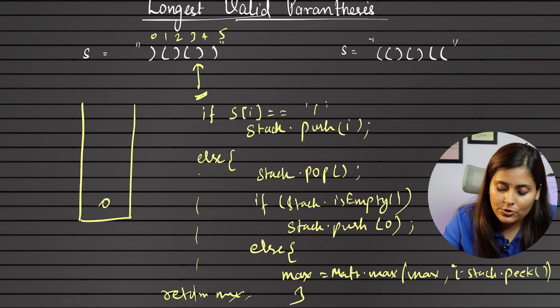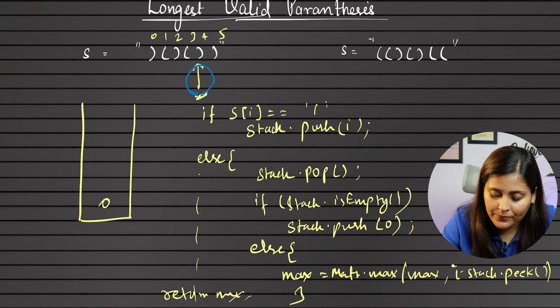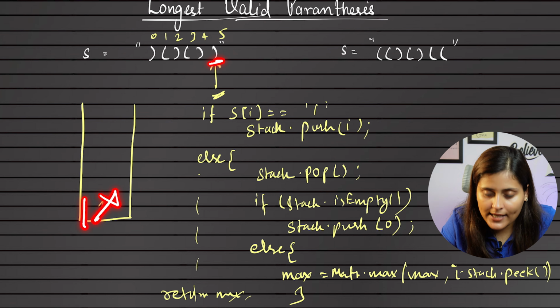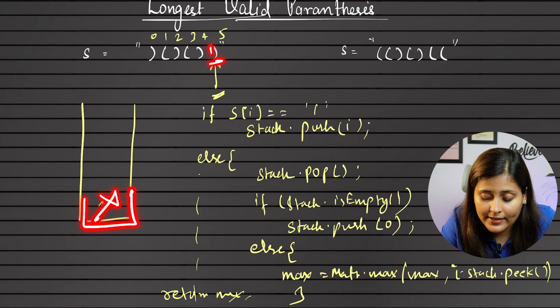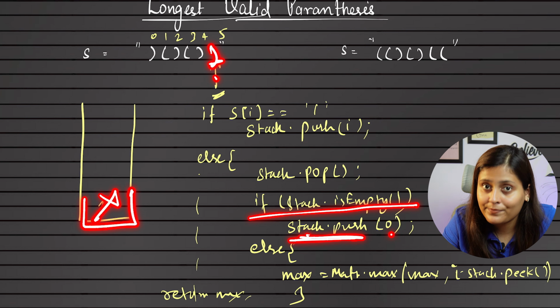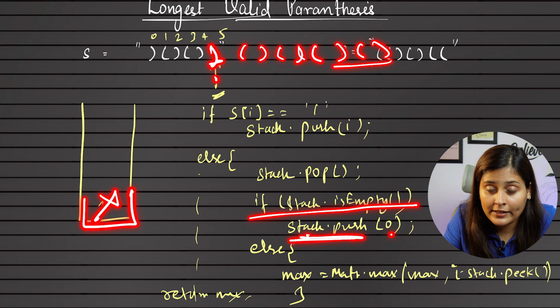And anyhow, this much length is valid. Correct? So now what we'll do, we'll move ahead and we will, what is this? 5. We'll pop. Is our stack empty? Yes. Anyhow, it is not valid, right? So hence you will come here, is the stack empty? Yes. So in the stack, you will push the current index. Because what if after this you have a valid or longer length, 8 length?